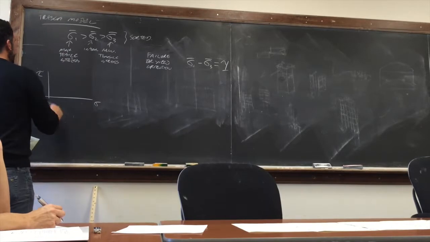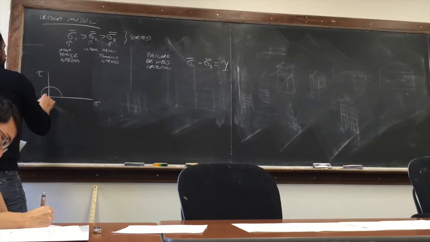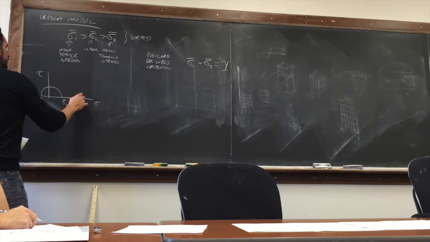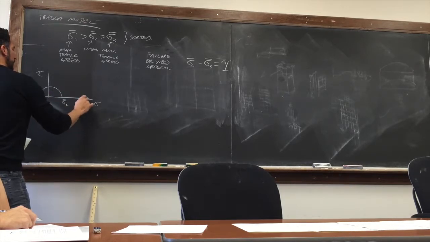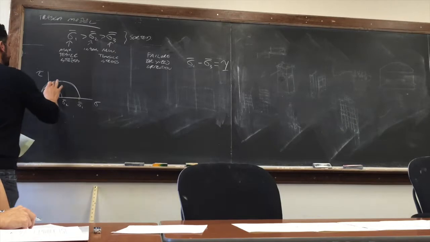stuff, right? You remember how there are two circles, right? There's like sigma 3 bar, sigma 2 bar, and then there's another circle between sigma 1 bar, let's say, and sigma 3 bar, right? You remember this stuff from your mechanics, right?